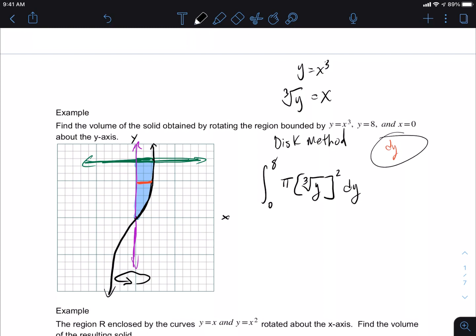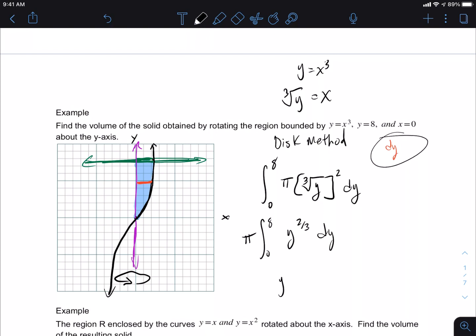Okay. Now from here, I'm going to go from 0 to 8. I'm going to put pi out front because it's a constant, and I'm going to rewrite this as a power. So isn't the power going to be 2/3? Right? y to the 2/3 dy. Okay. Now we need to do the power rule.